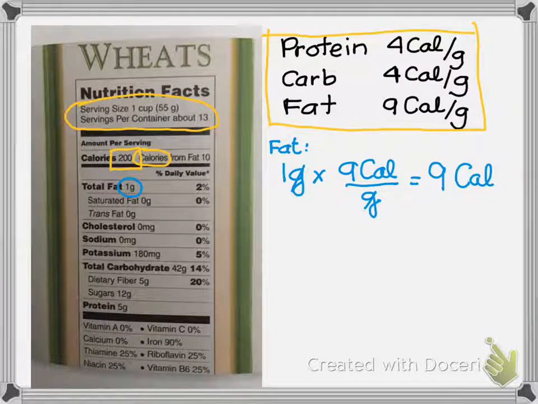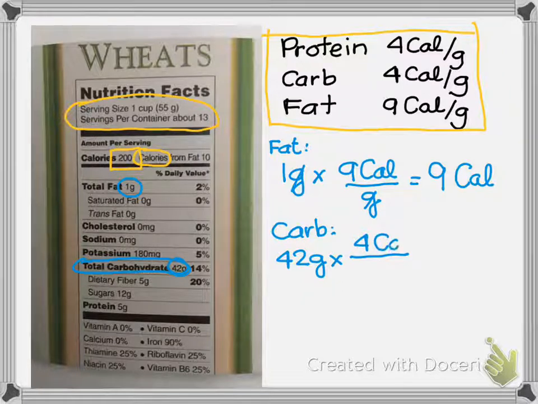Then we have carbohydrates. So the carbohydrates have 42 grams. So 42 grams of carbohydrates in these crackers. Each gram releases 4 calories of energy. So we would take 42 times 4, and that's 168 calories.